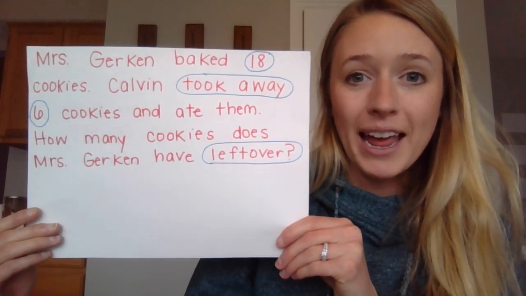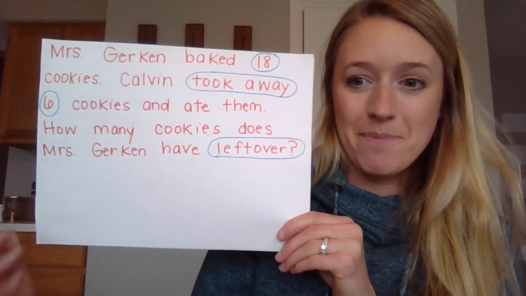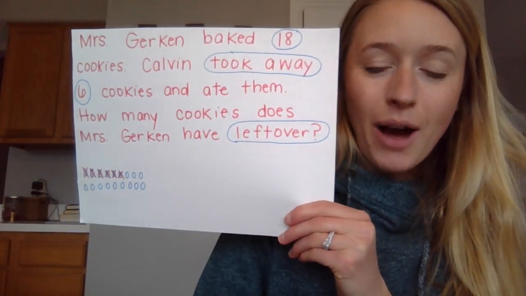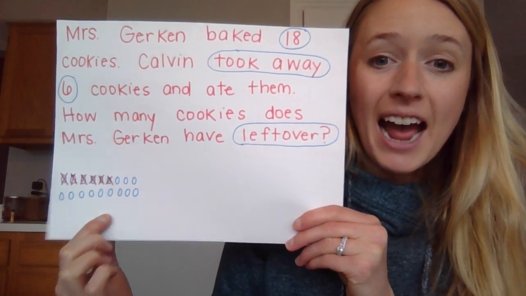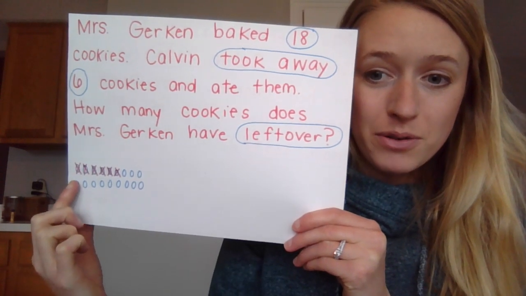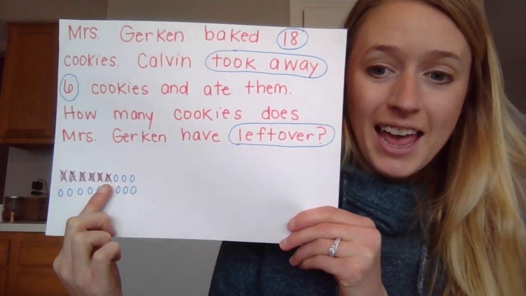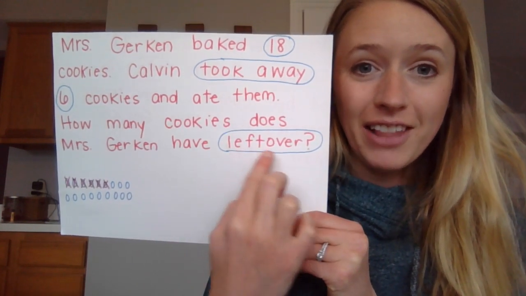So I'm going to draw 18 things, and I'm going to take 6 away from them. So I drew 18 circles, and then I took away 6 of those circles right there. And I always like to circle how much I have left over.